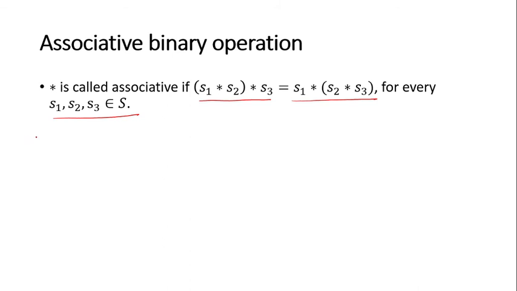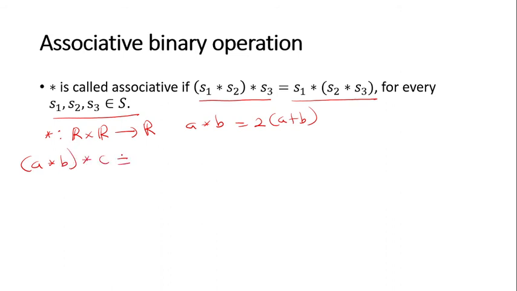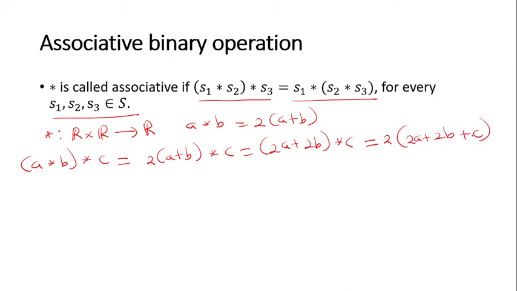Let's say star is a binary operation from real numbers to real numbers, where a star b is 2 into a plus b. First I will evaluate (a star b) star c. a star b would be 2 into a plus b, and then star c gives 2 into 2a plus 2b plus c.